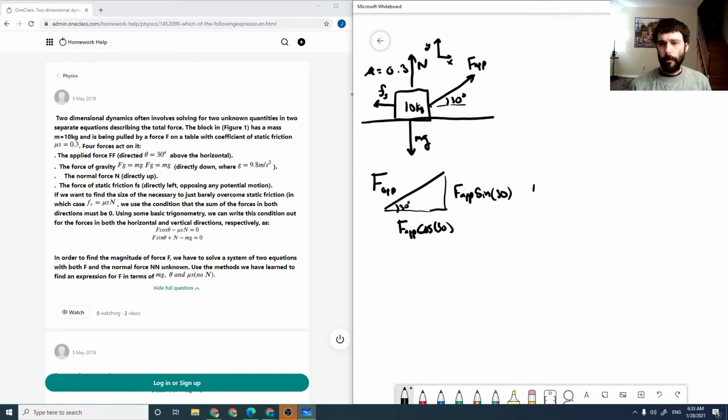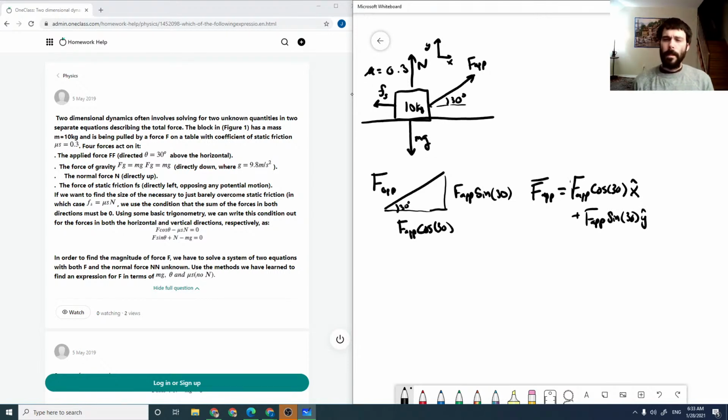And so we can write that our applied force in vector notation is the force applied times cosine 30 in the x-hat plus force applied sine 30 in the y-hat.